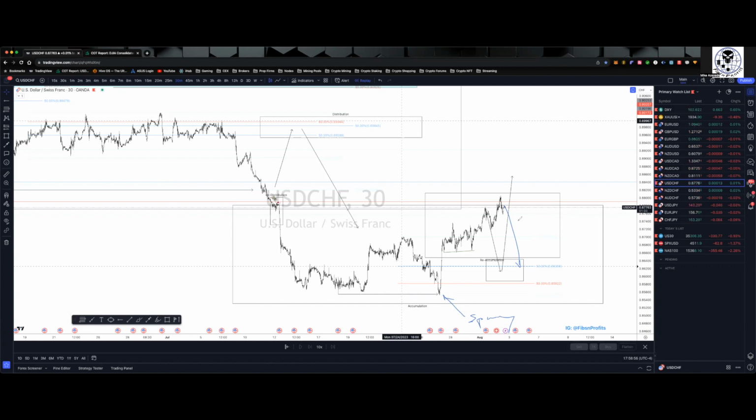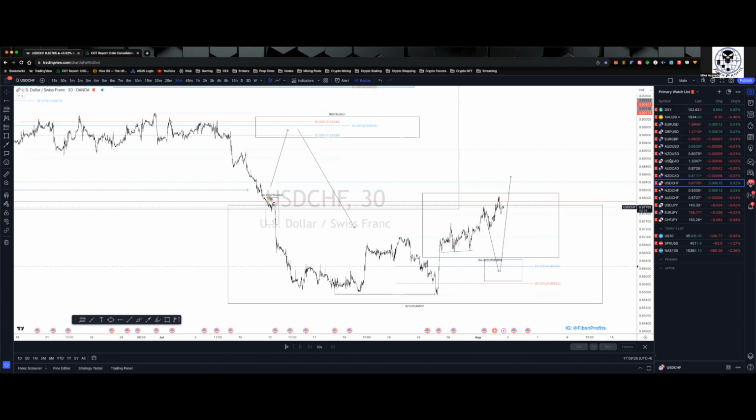So I was hoping that this is the distribution that gets us down to mitigate to then reaccumulate with a shakeout. And I got that door open for that to still transpire. I just don't know if we're going to have that volatility prior to Friday. Maybe Friday, that's when we get it. It's one of those things where you're just going to have to sit back and watch it.